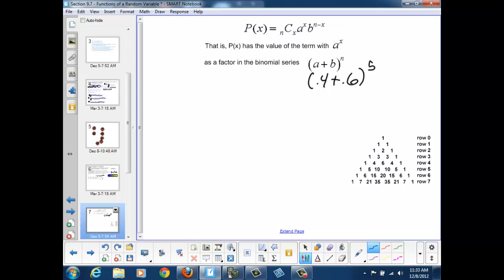Now, if I expand this binomial, I will get something that looks like the 5th row of Pascal's triangle, if we remember that.